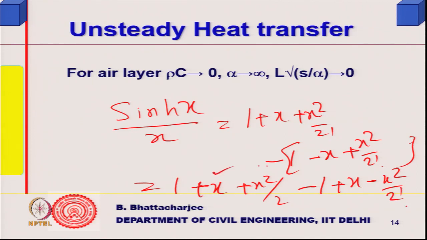So, this term will remain, and this will cancel out, leaving you 2x divided by x, it will remain 2 divided by 2, because there is a half here outside. So, this will tend to again 1. So, that is what I am saying.